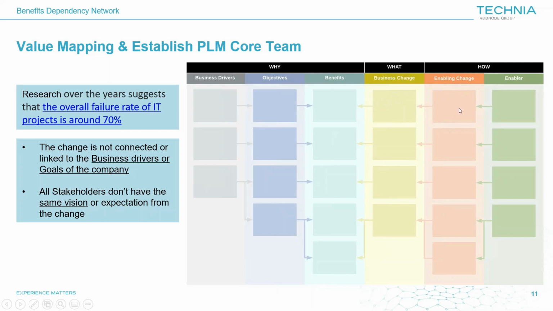How can we bring that change, and this is where the PLM platform comes into the picture. So you should never start with here, you should always start with here, quantify your benefits that you'd like to gain, and then bring your enablers.